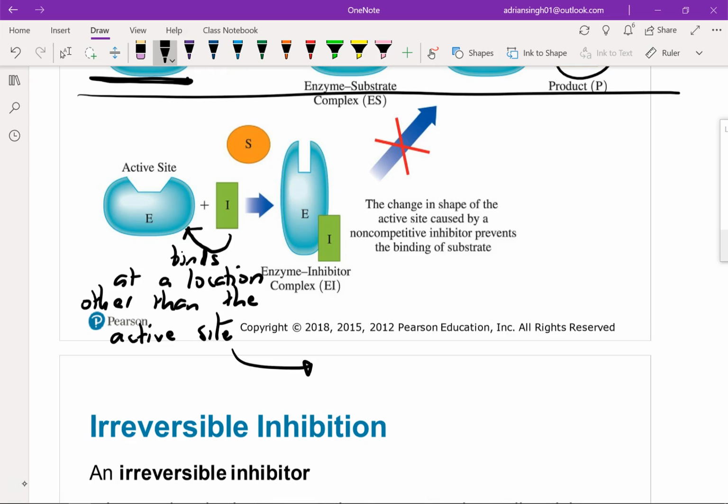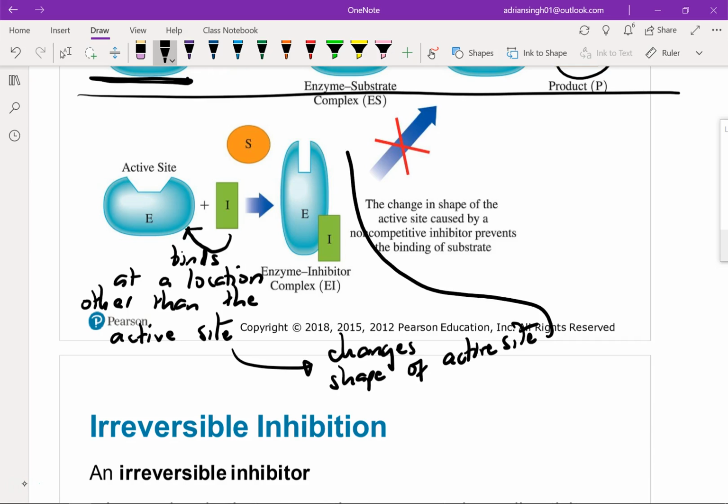And what this leads to is it changes the shape of the active site. So now instead of being this particular shape here, the optimum shape, it's changed into this really elongated shape. Obviously, this substrate now cannot come in and bind. So the enzyme isn't able to carry out its function.